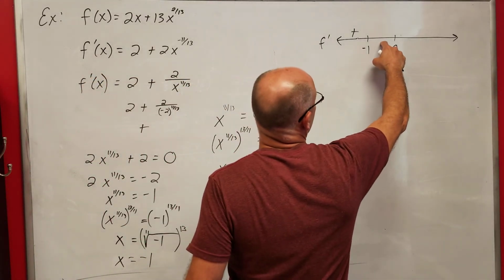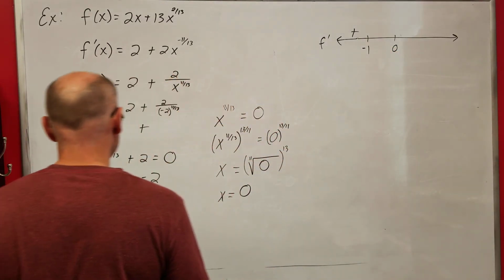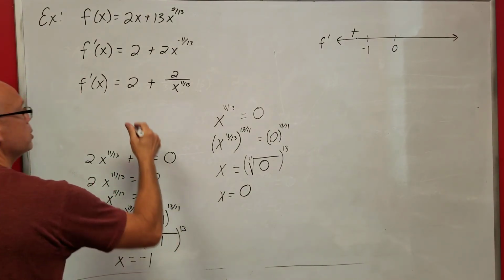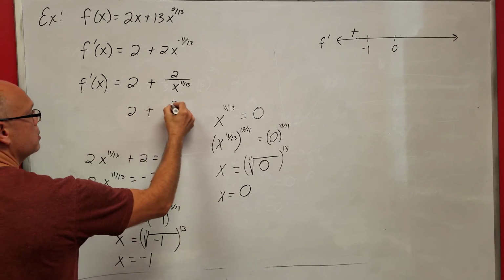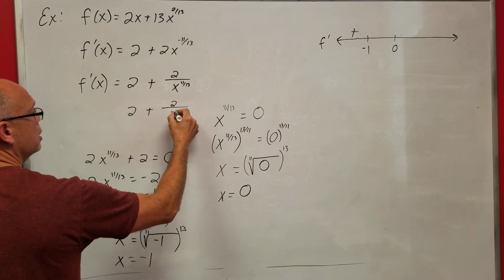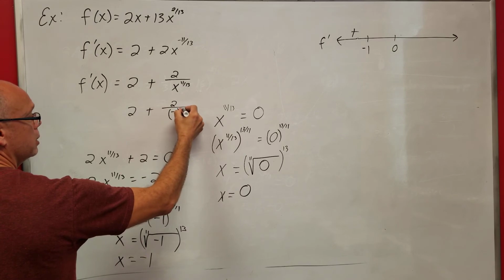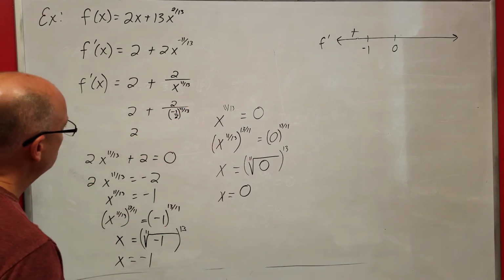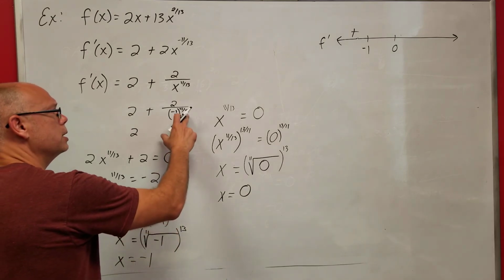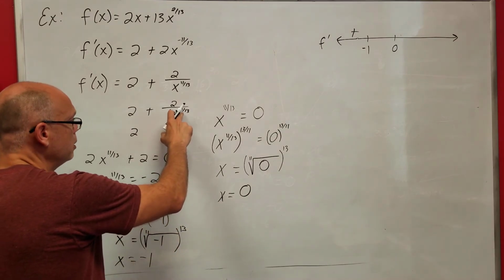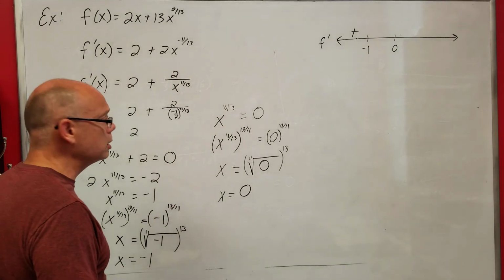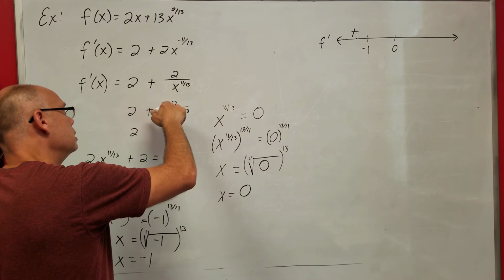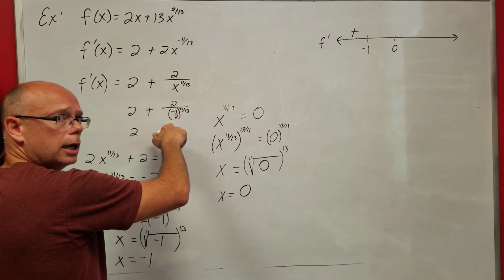Let's pick a value here like -1/2, okay? So if I pick -1/2 and I plug it into this derivative function, I get 2 plus 2 to the -1/2 to the 11/13, okay? Let's see what I get here. If I take the 13th root of a negative and raise that to the 11th exponent, I'll get a negative number, and a positive over a negative is negative.